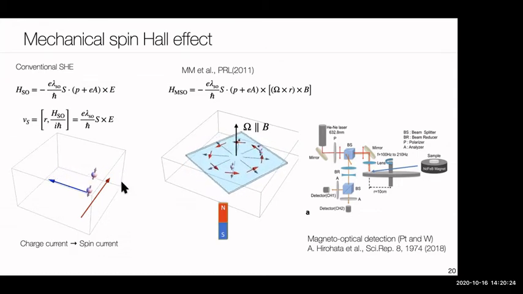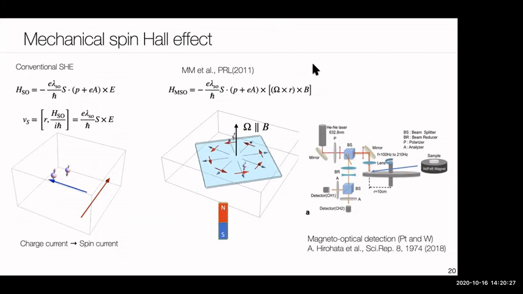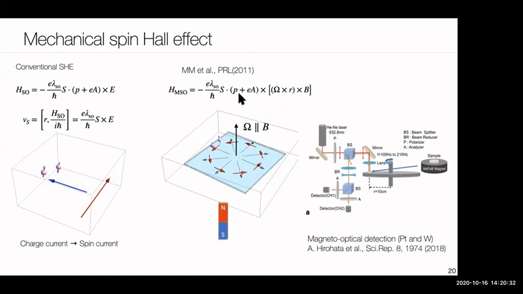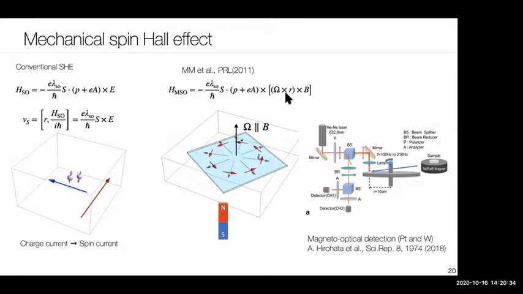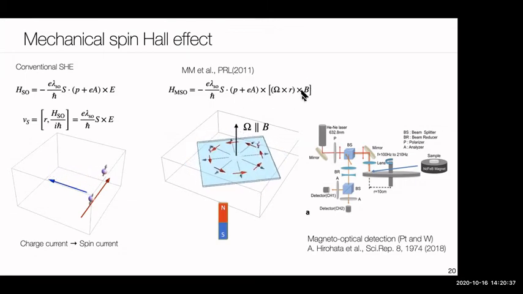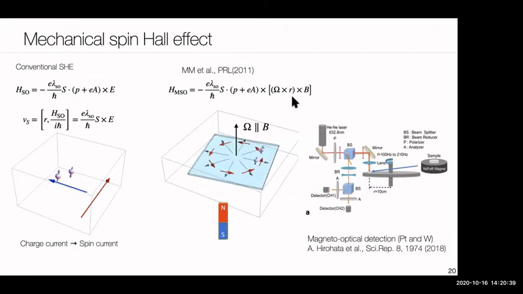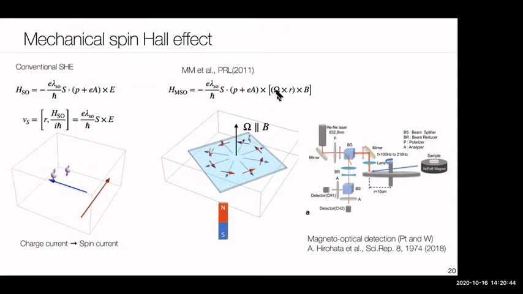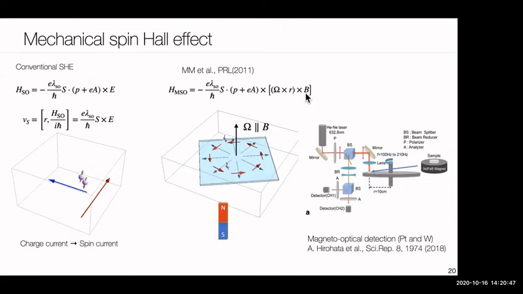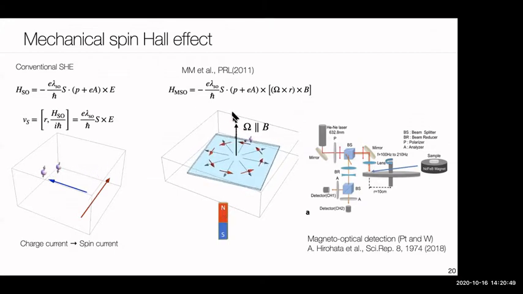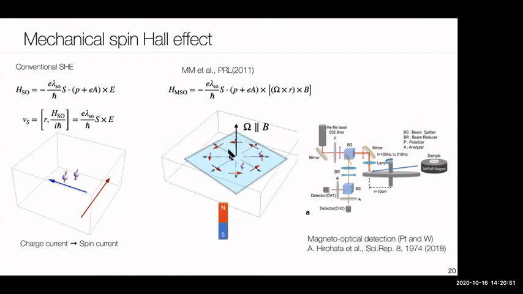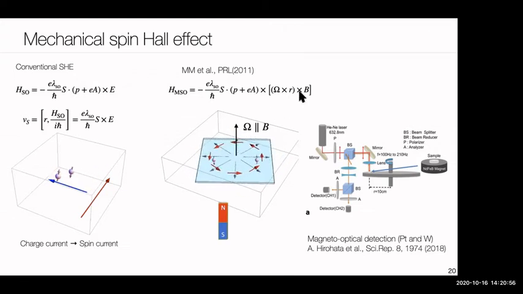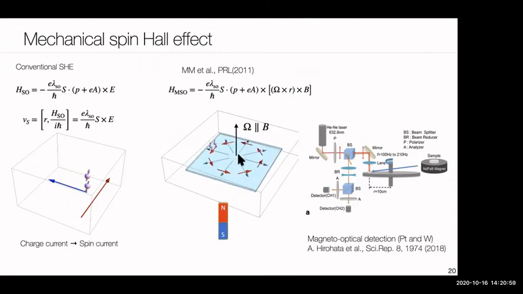Analogically, in our new spin orbit interaction term, S dot P cross omega cross R cross B, this is the effective field created by the coexistence of the mechanical rotation and magnetism. If you apply the magnetic field parallel to the mechanical rotation axis, then this omega cross R cross B field is created in the radial direction.